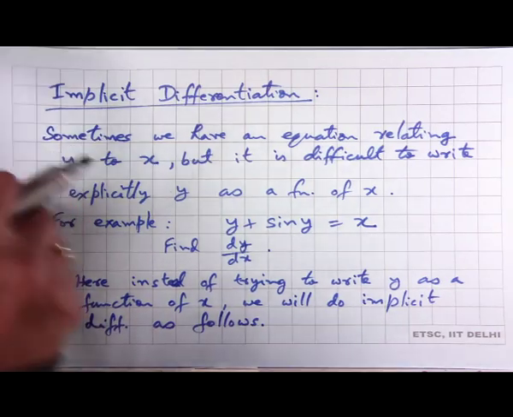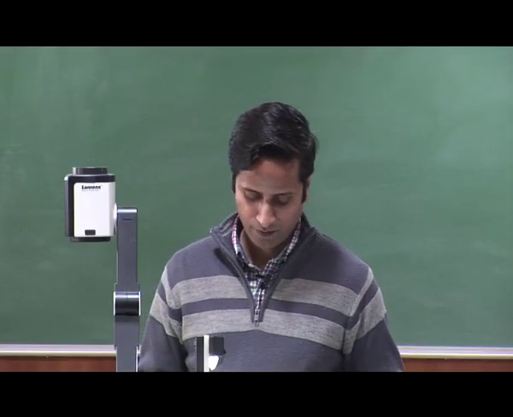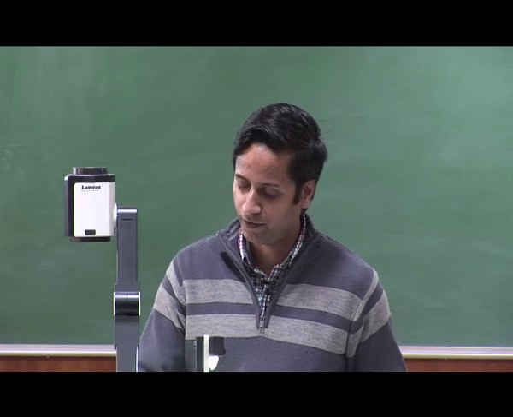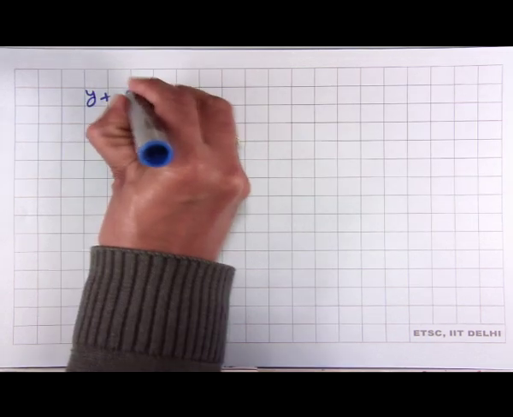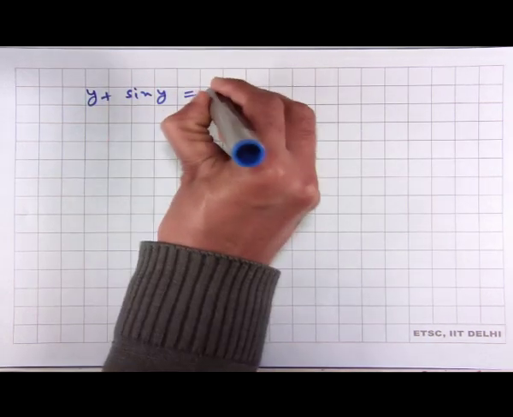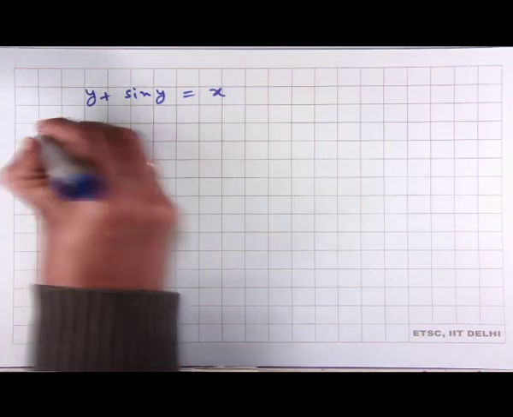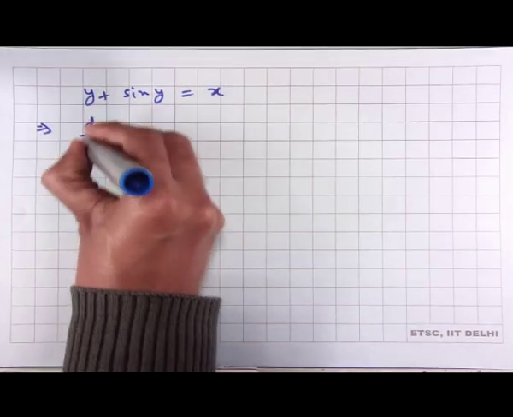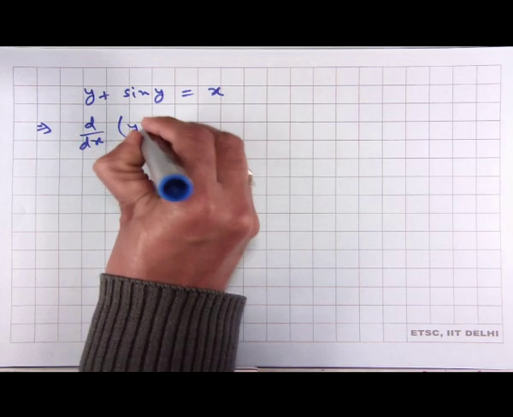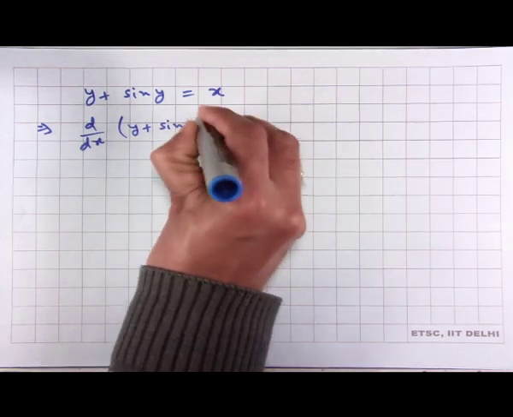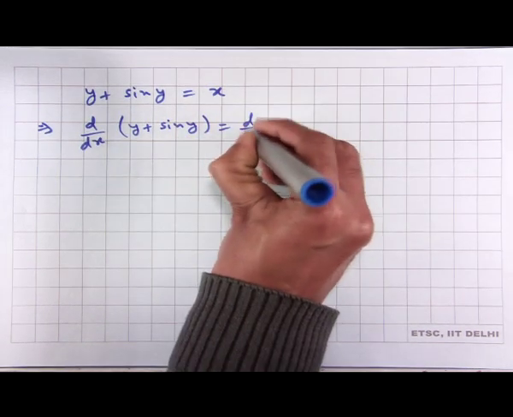So, what we do is we simply take the derivative. y plus sin y is equal to x. This implies that if I take the derivative d by dx of y plus sin y, this is equal to d by dx of x.